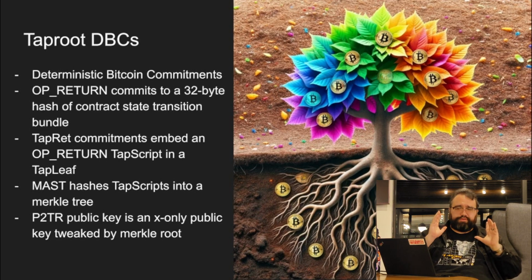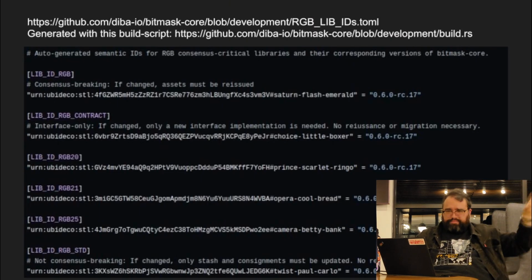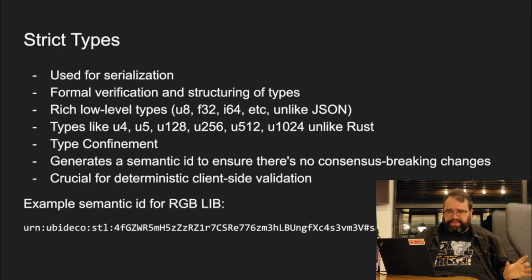It's something you can prove just using math. In order to prove your contract data, your contract state, it all boils down to this semantic ID structure.